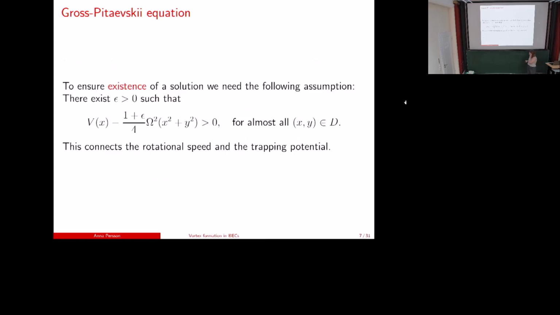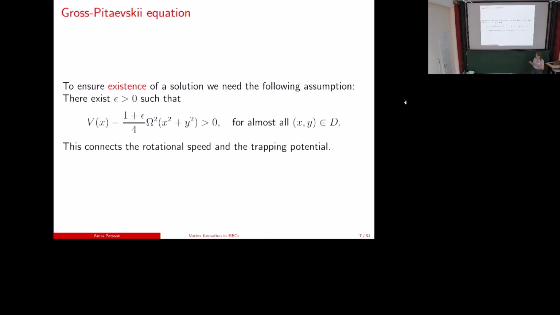Okay, so to ensure existence of a solution, we will need the following assumption. This actually connects your trapping potential and the rotational speed. So if you spin it too much and your trapping potential is too weak, it will break due to centrifugal forces.